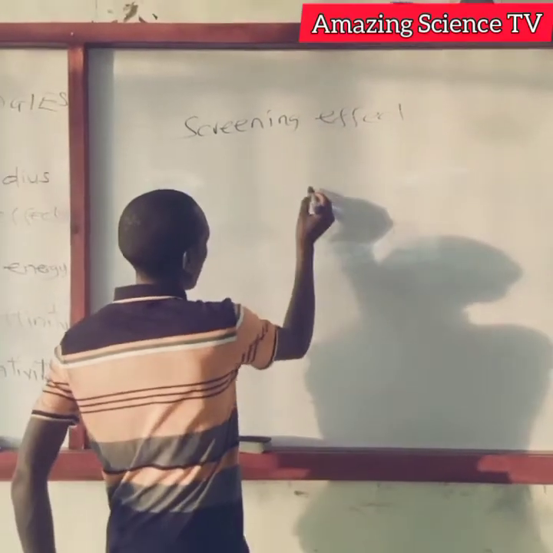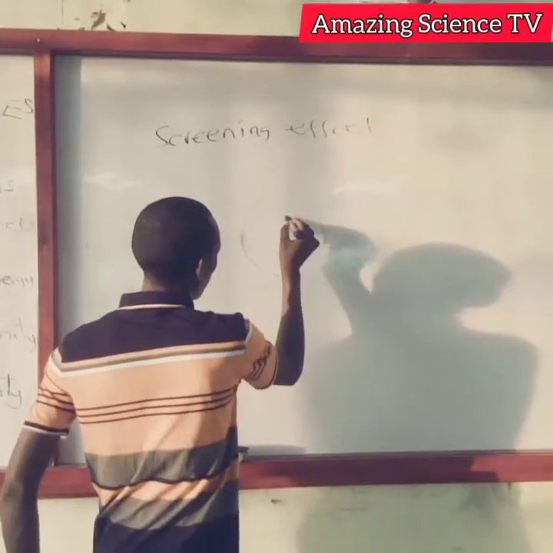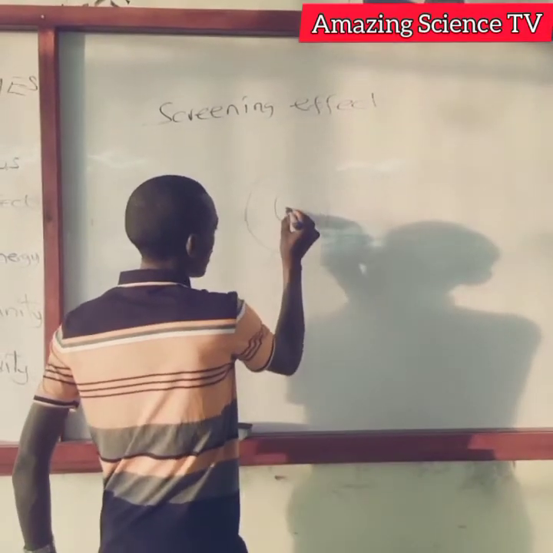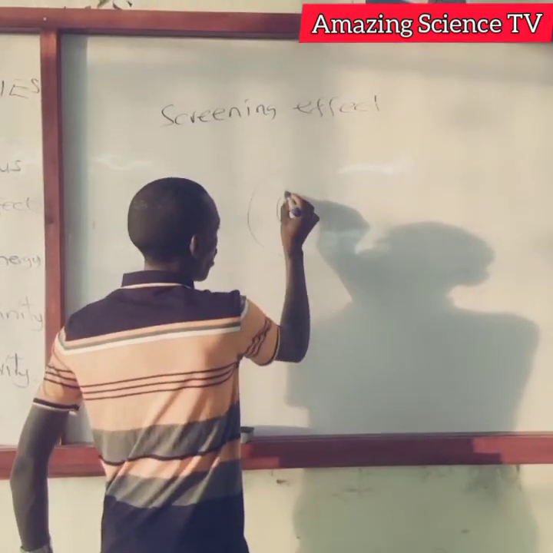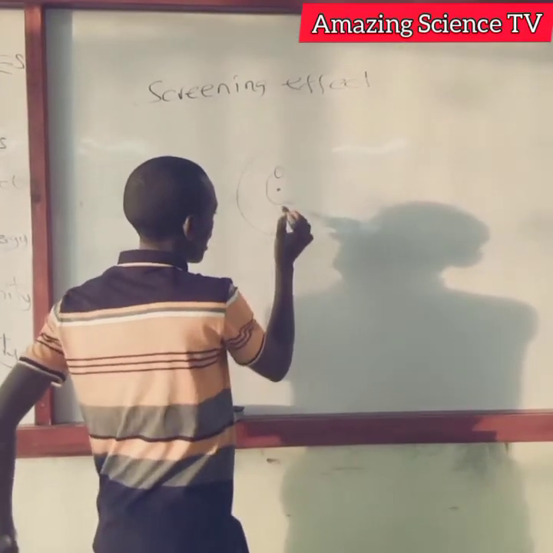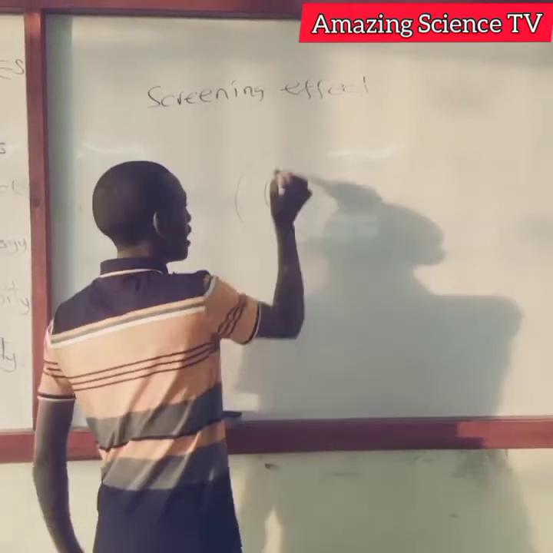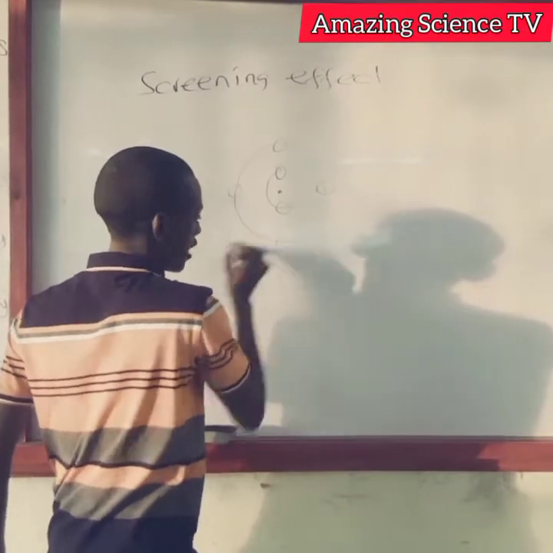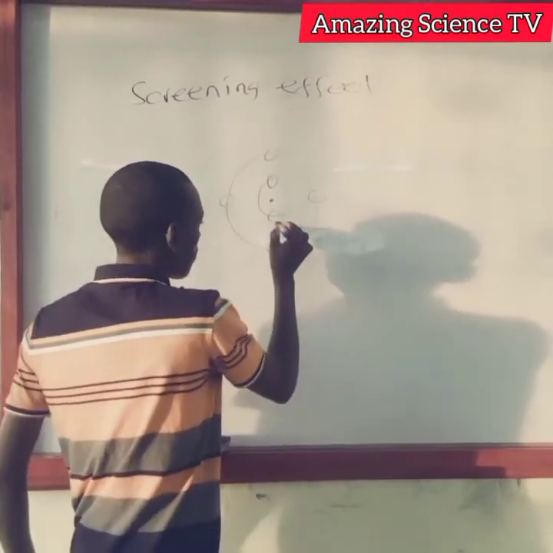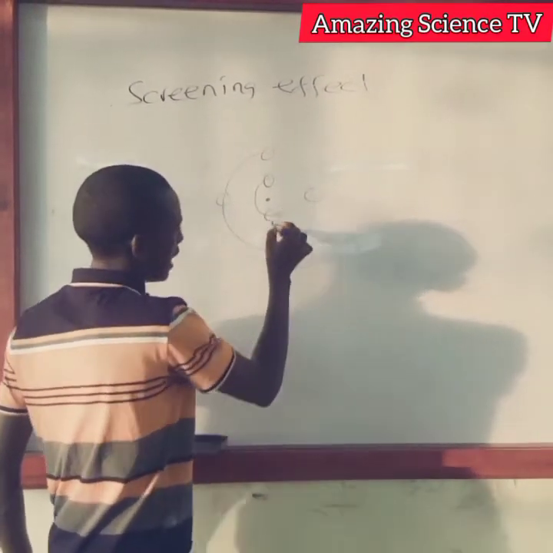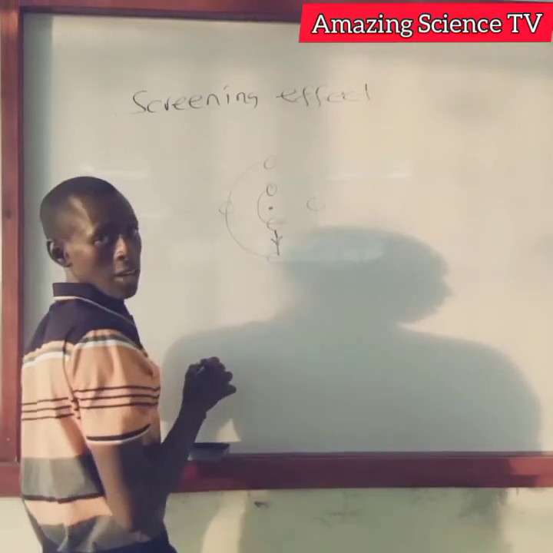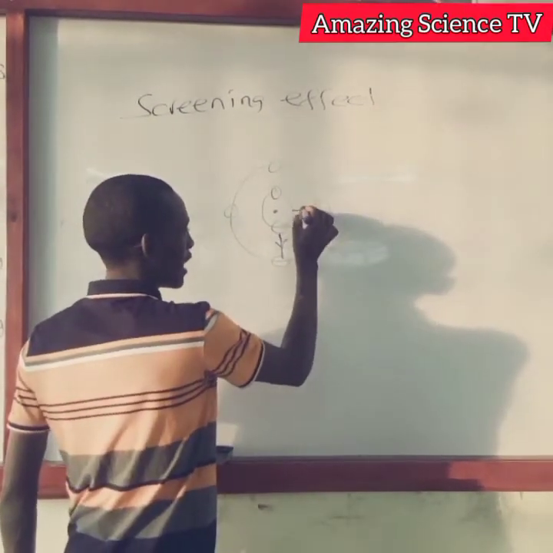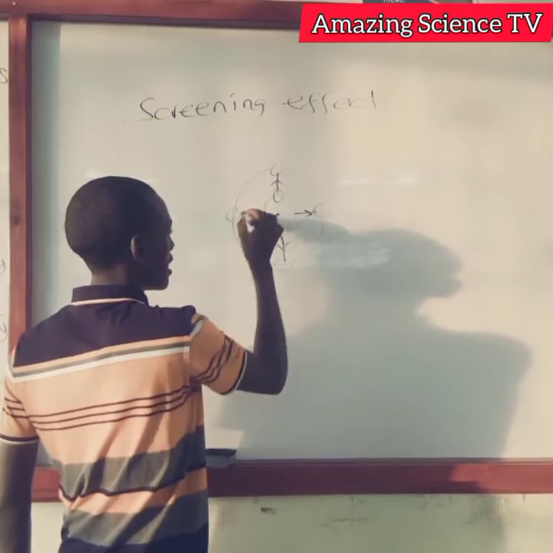So assuming we have this as our atom, and this is the nucleus. You have an electron here, you have another electron here, and so on. So the repulsion, those in the inner, they will repel the outer ones like this.